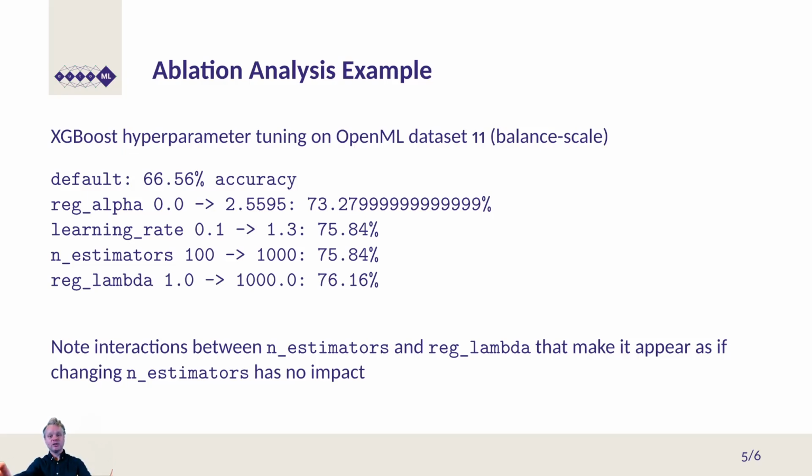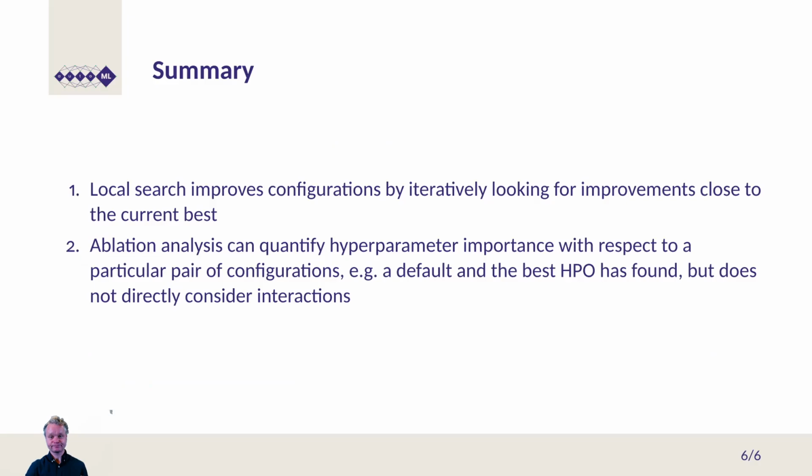So we cannot simply remove this change to n_estimators and get the final accuracy that is shown here, because of the interactions with the hyperparameters. This is unfortunately something that the ablation analysis cannot capture, and we will later on have a look at more sophisticated methods for looking at these kinds of effects as well.